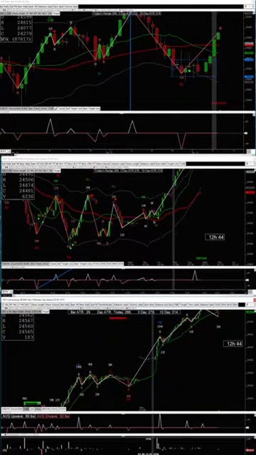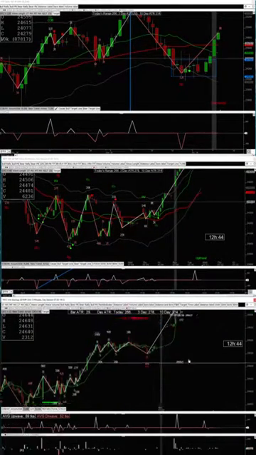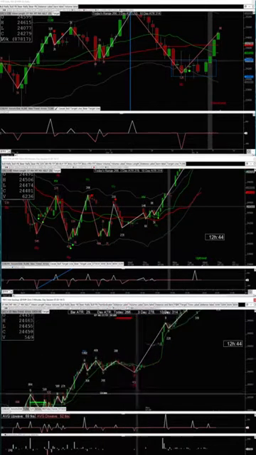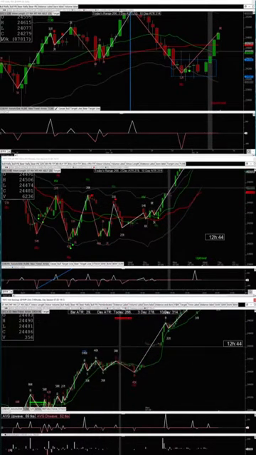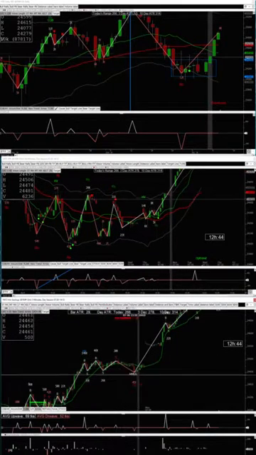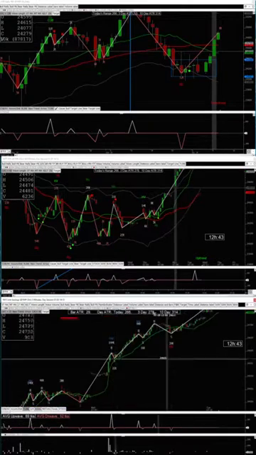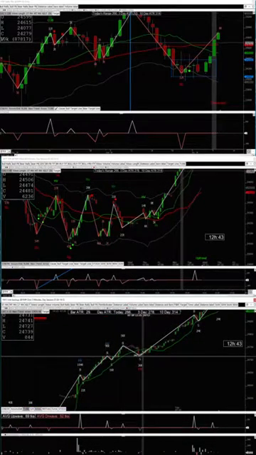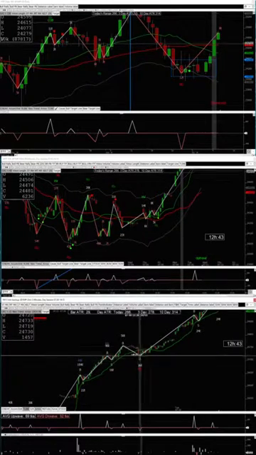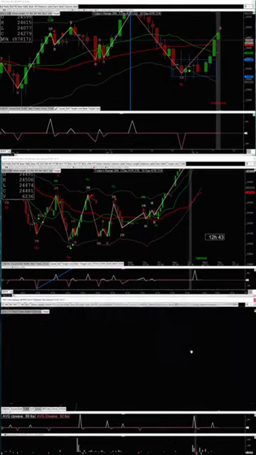Alright, so for example, over here, now I'm taking a look at the bottom chart. You have a pullback on high volume, but it was bought. You have another pullback on high volume, and the wave is smaller. The S over there means that it's smaller, and it was bought.